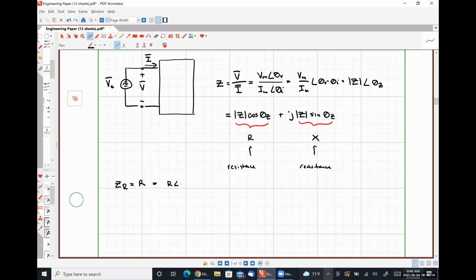R angle 0 degrees, or R plus j0. So refresh my memory, what are the units of resistance? Ohms. Okay.